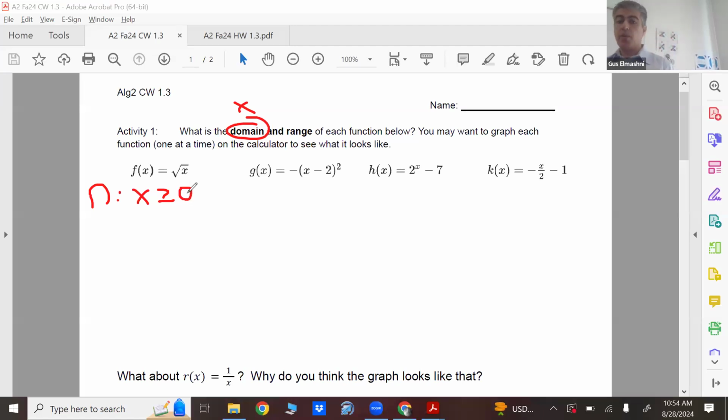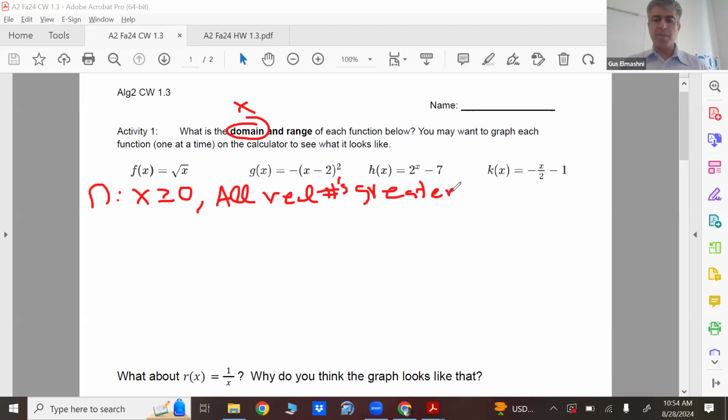Now, if you actually write it in words, you could also say this: all real numbers greater than or equal to 0. If you're a verbose person, you like to be wordy, you could do that. Personally, I like this better.